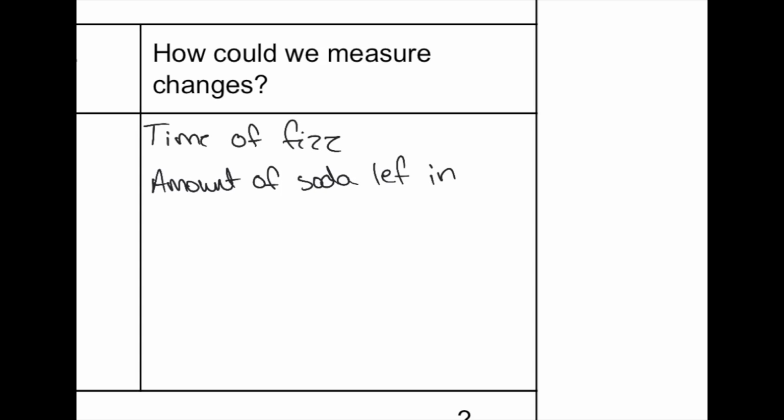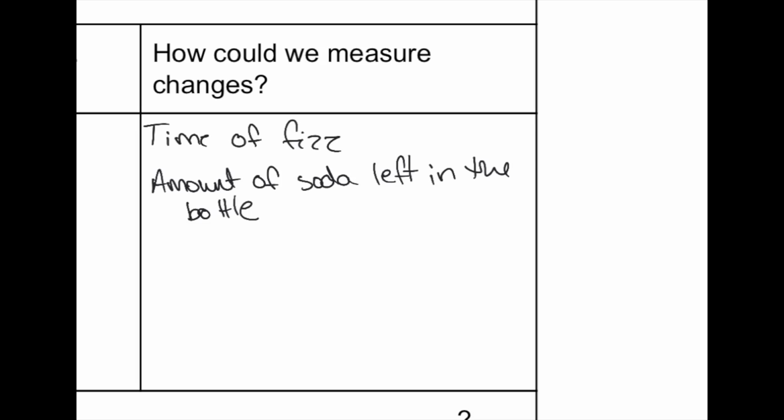So how could we measure these changes, right? Well, one of the things that we could look at for this is the time of fizz, like how long did it actually fizz for? Did it fizz for just a sec, or did it fizz for a while? We could look at the amount of soda left in the bottle, right?